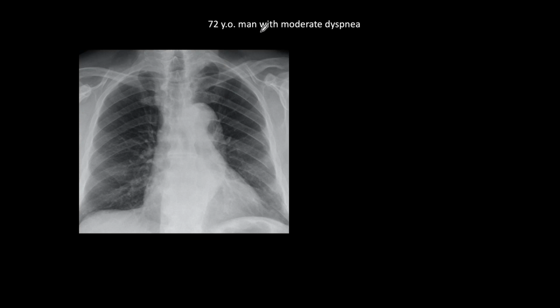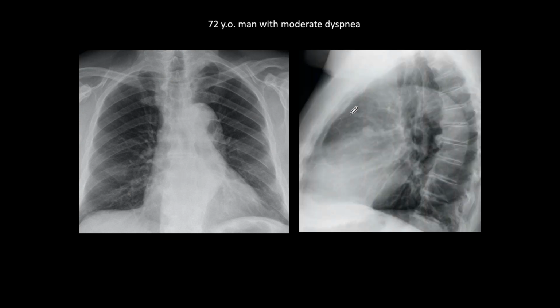Another case, a 72-year-old man with moderate dyspnea. There it is, nothing special about the chest X-ray: elongated aorta, changes in the spine, nothing in the lungs, a practically normal chest X-ray for a 72-year-old man.